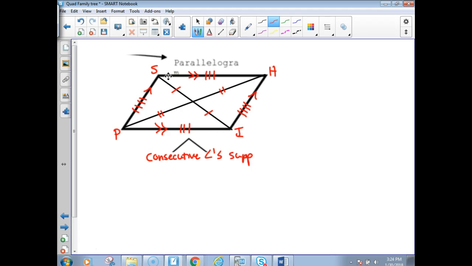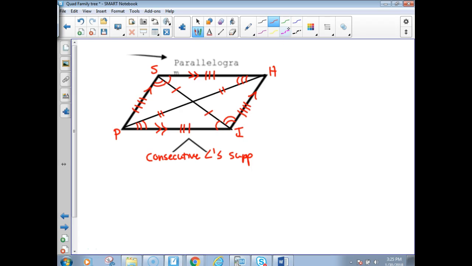Now, there's also some congruent angles in here. This angle is congruent to this one down here. So alternate interior angles are congruent. This angle is congruent to this one over here. Those two. And then you can go that way also. 1, 2, 3 arcs up by the H here, and then down here at the bottom by the P, 3 arcs.